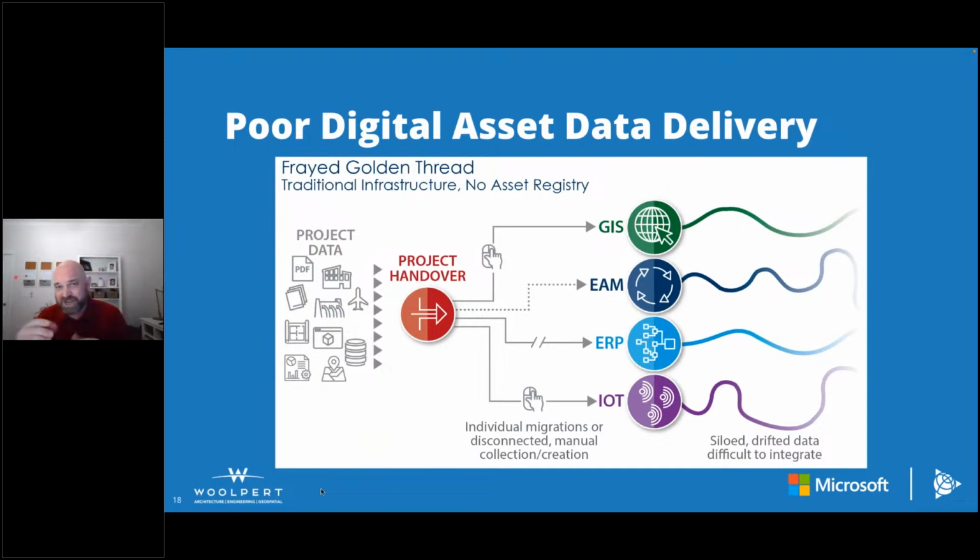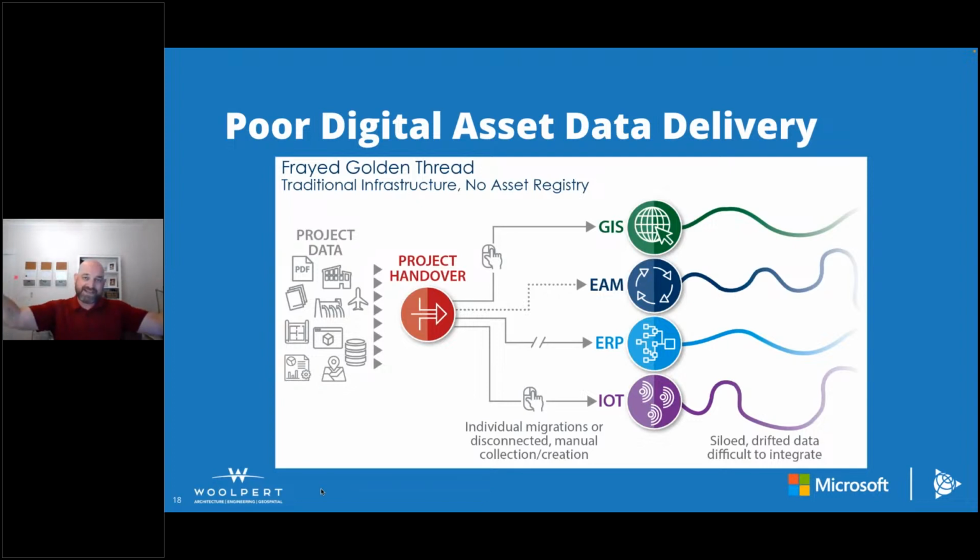The people that leverage the GIS system are pulling out what they need, and then they run with it in their system. The people that are using the enterprise asset management system pull out what they need, and then they're running with it. Not only is that inefficient as far as getting the data into those systems, if the right data was even there in the first place, but it also proliferates these individual departments and systems drifting away from each other, because they all took the data independently.